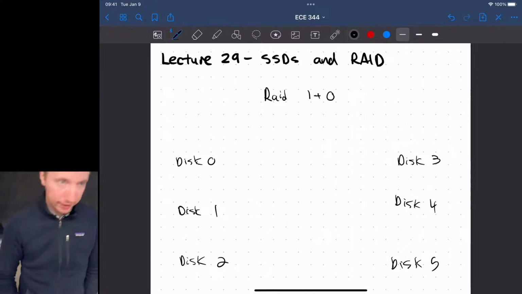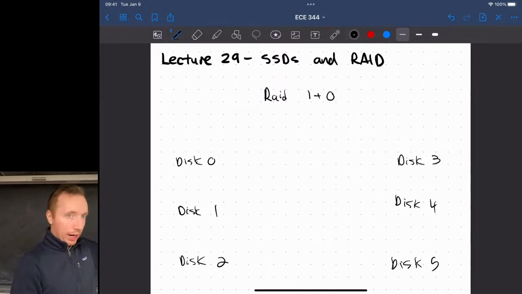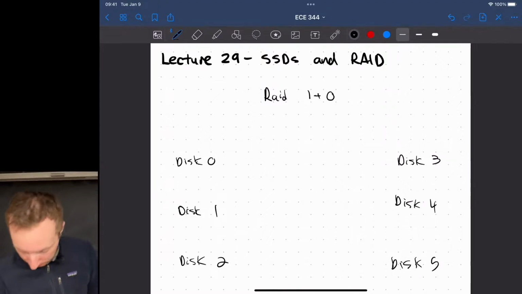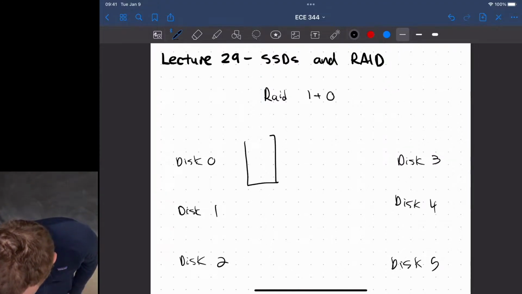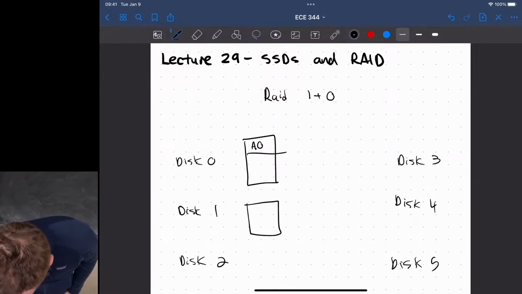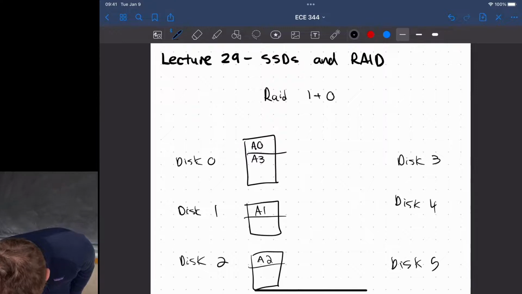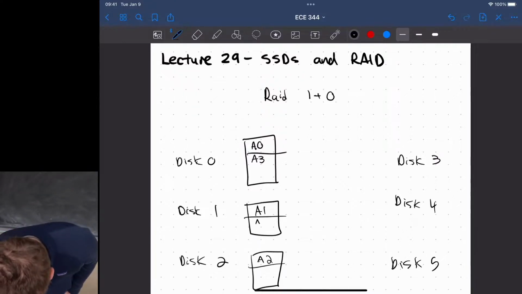So the idea behind this is for half the disks, you do what RAID 0 does, and you just completely stripe the information. So for example, I would have A0, A1, A2, and then the next bits of that file, A3, A4, and A5.